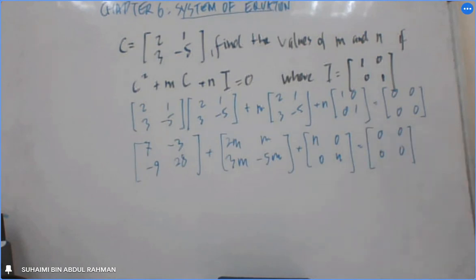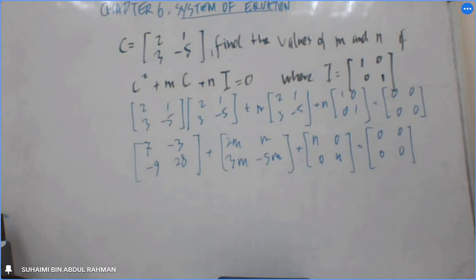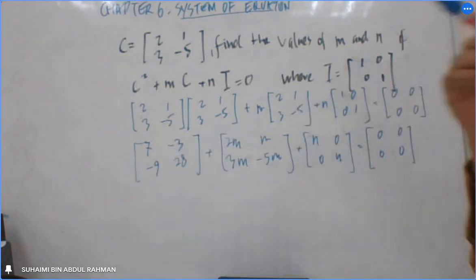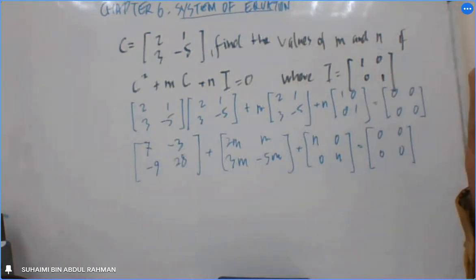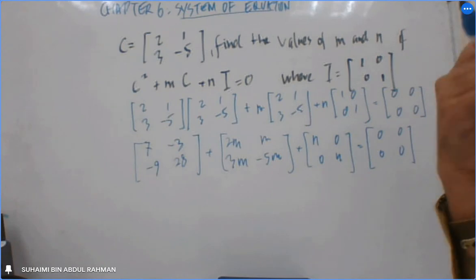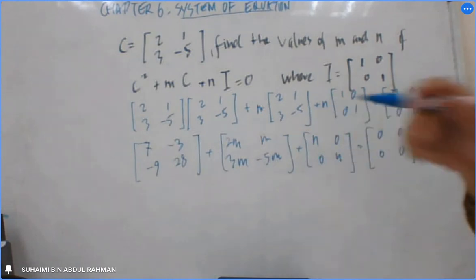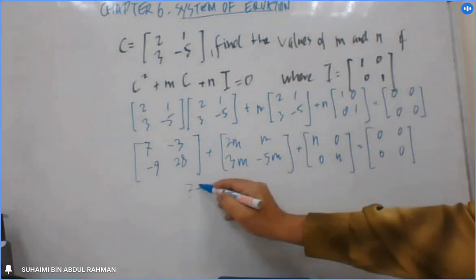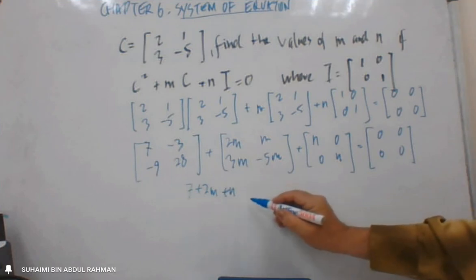Adding, what do you have? 7 plus 2m plus n equal to 0.